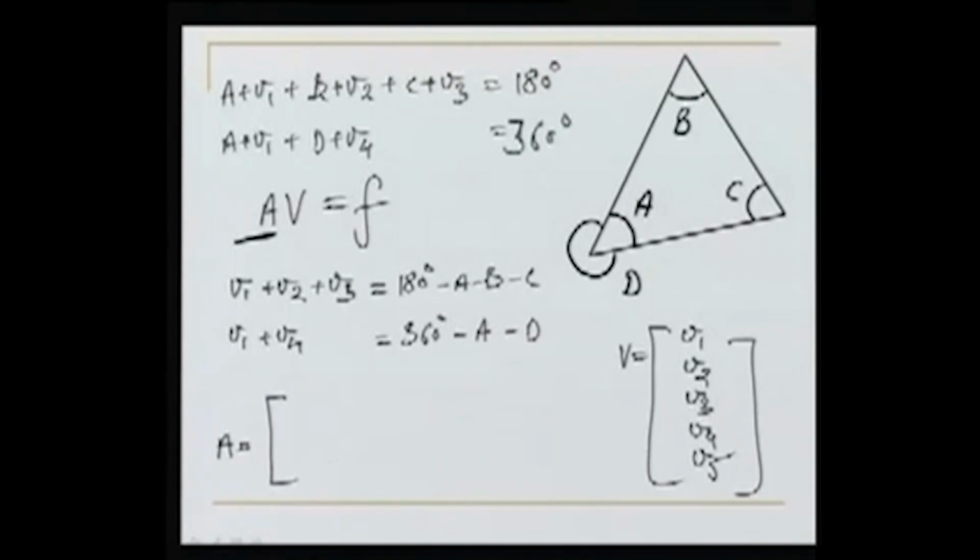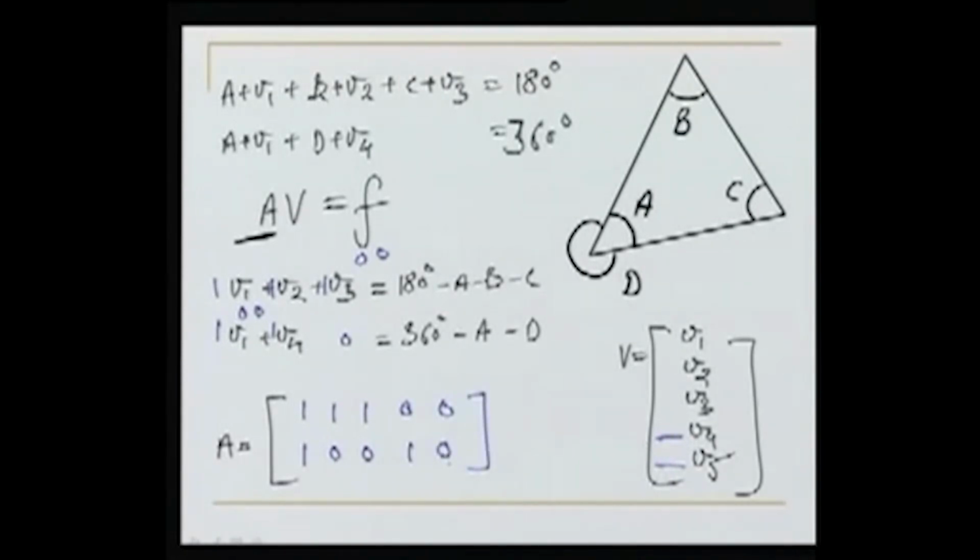If you look at the coefficients, let me change the color for these coefficients. Well, over here the coefficient is 1, 1, 1. Then for V4 and V5 it is 0 and 0. Again 1, 1, and for the rest, for V5 it is 0, for V2 and V3 also it is 0. So I can write A as 1, 1, 1, 0, 0, 1, 0, 0, 1, 0.